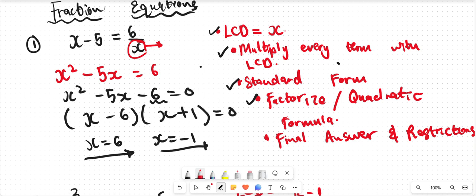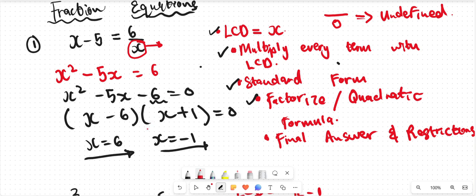What value can that x never be? What do I mean by that? What value, if I substitute for that x, will give me an undefined fraction? Remember, the only time you get an undefined fraction is if you are dividing by 0. Any division by 0 is undefined.